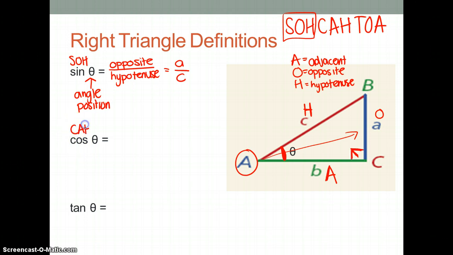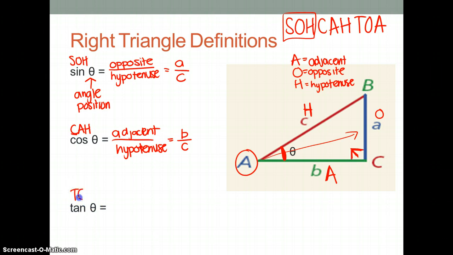Cosine, so CAH, C-A-H, tells you to use the adjacent side, the A, divided by the hypotenuse, the H. The adjacent side, we said, was letter B, and the hypotenuse still is letter C. So the ratio cosine of that angle is B, whatever side B is equal to, over C.